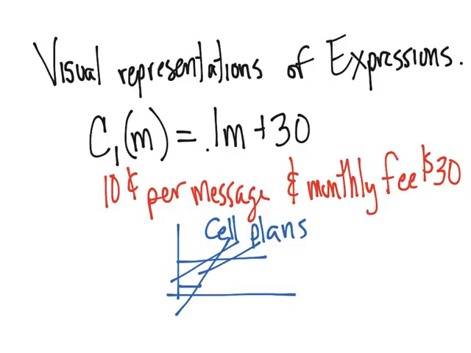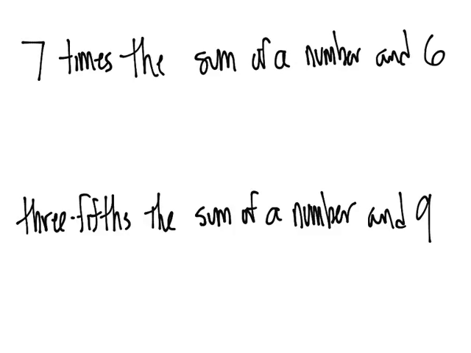Today we're going to look at the visual representations of some of the expressions that we've been building. So let's start by reviewing building expressions. We have 2 examples: 7 times the sum of a number and 6, and 3/5 the sum of a number and 9. So, as we discussed before, we need to break it down into pieces.